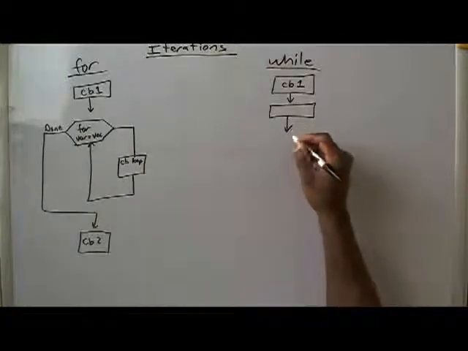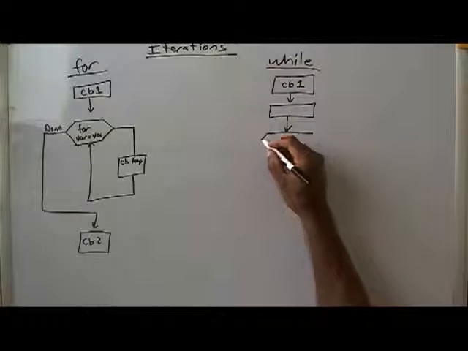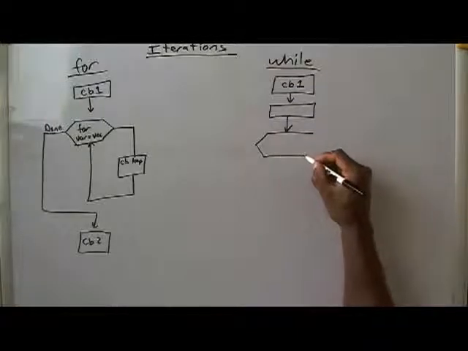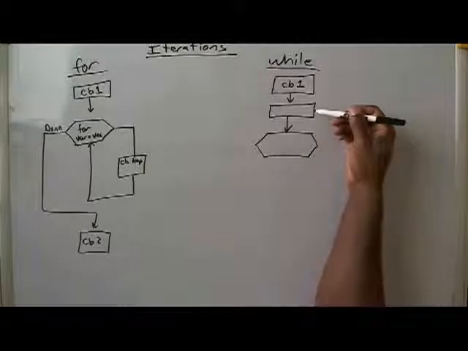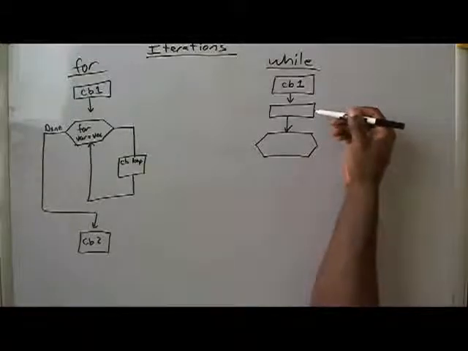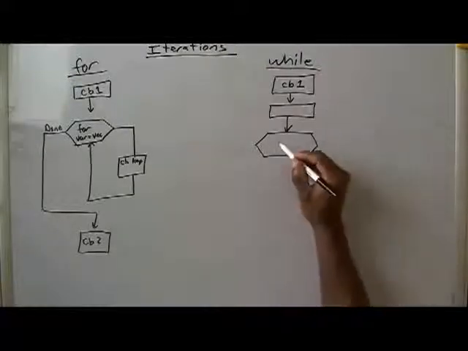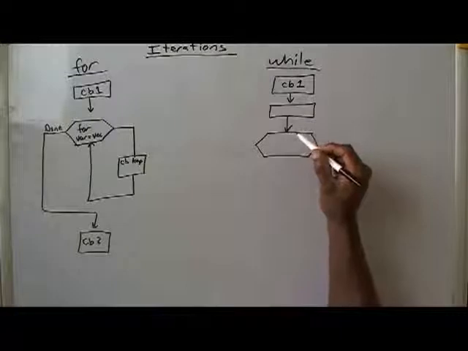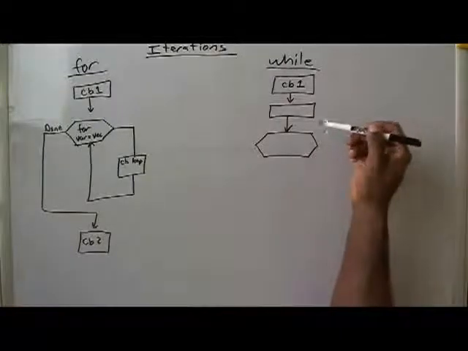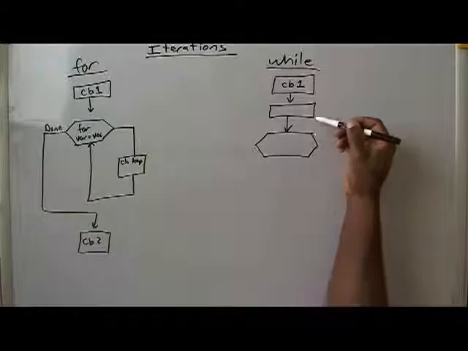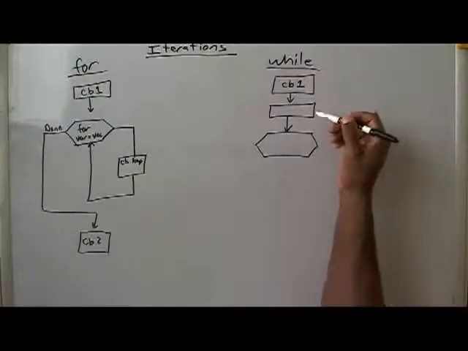So the while loop includes this. It needs an initializing block of code. This is actually a part of the while loop from an operational standpoint, not from a definition standpoint. MATLAB doesn't require that you put this here, but to get the while loop to operate properly, you need this block of code, and that's the initializing block.